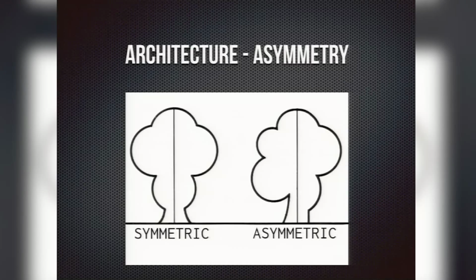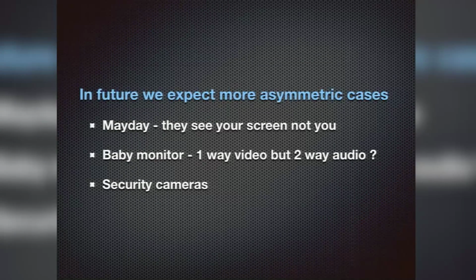And the other thing to think about is that WebRTC is unusually asymmetrical, by which I mean that in a lot of the use cases, the two people aren't direct peers. So for example, with Amazon Mayday, you've got a video call in one direction and a screen share in the other.